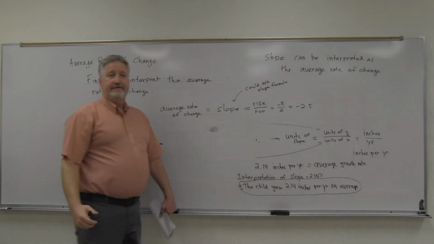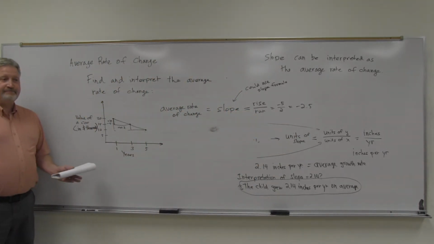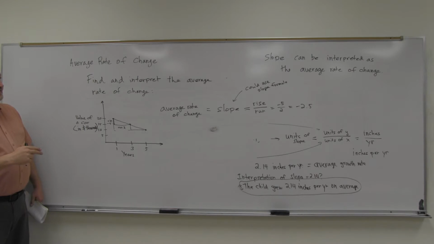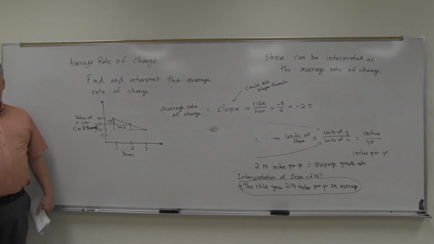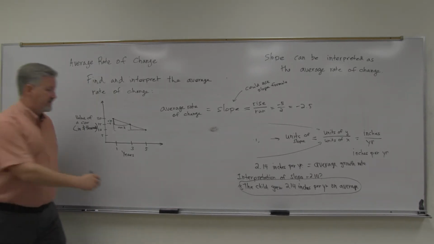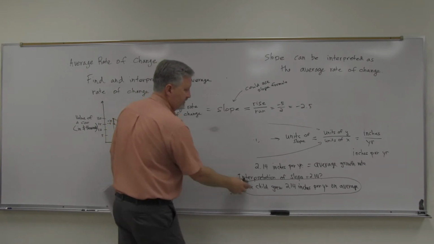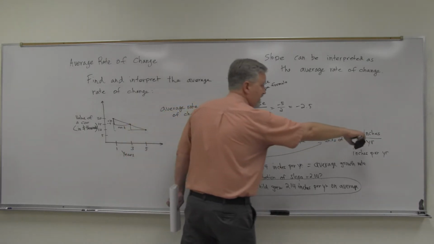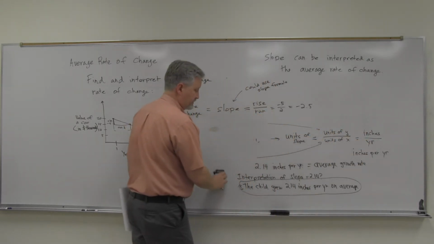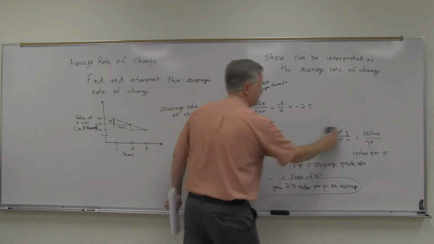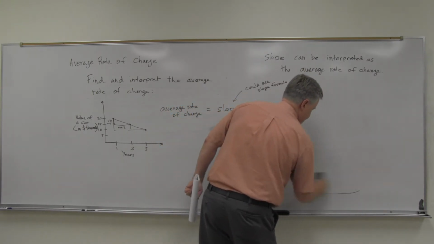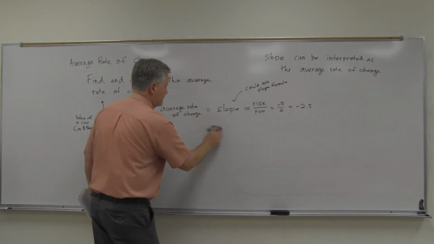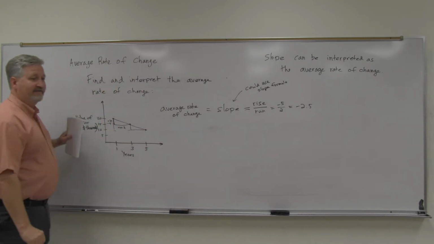Now, this is not quite complete here because, just like when I was doing the heights of the child, in that case it was inches over the years. In this case, what are the Y's here?